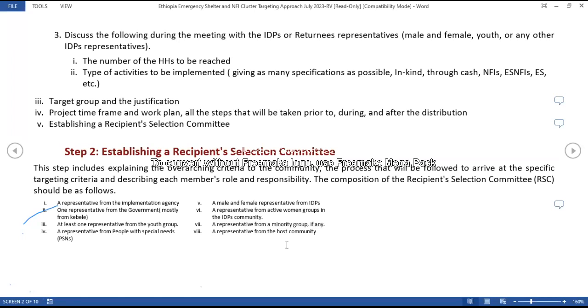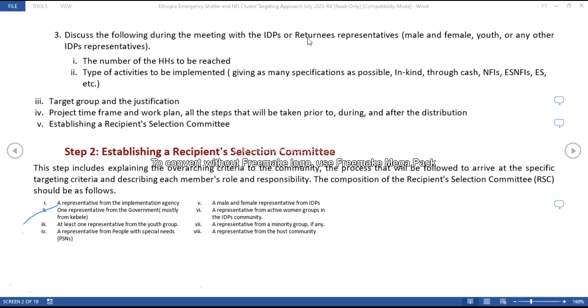But when you say minority, the interpretation may also be different. Maybe someone can give us further guidance on this. Maybe minority may be in terms of capacity or something else. I don't know, but we'll discuss this point further. But someone from this kind of group, if there is any available, has to be considered.